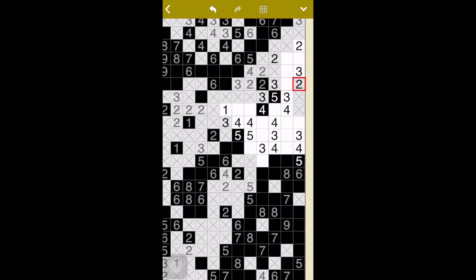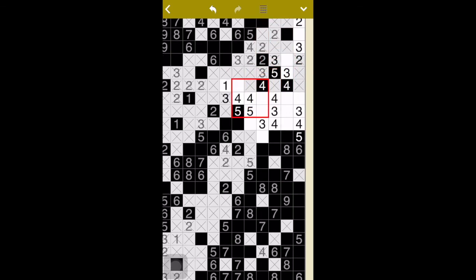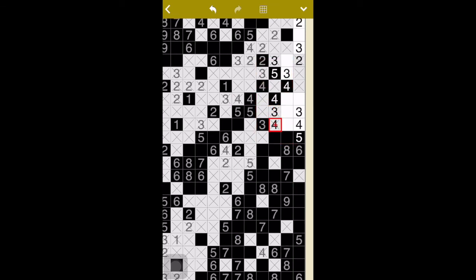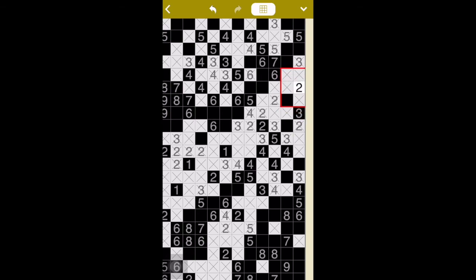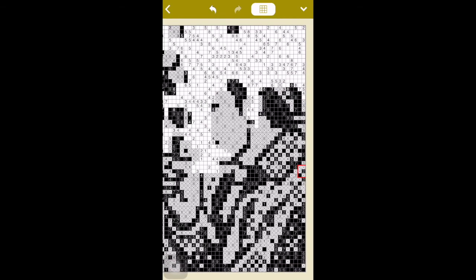Difference of 3, right? 5 and 3 going vertically, like that. Same numbers, 4 and 4, right? 4 and 3 going this way. Okay, so I think I can move up now.